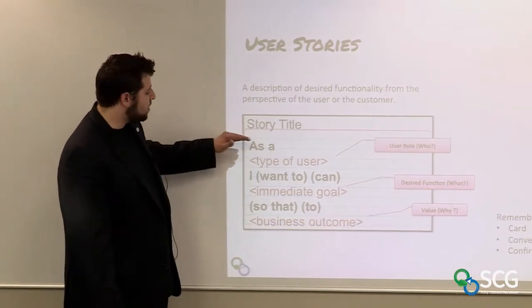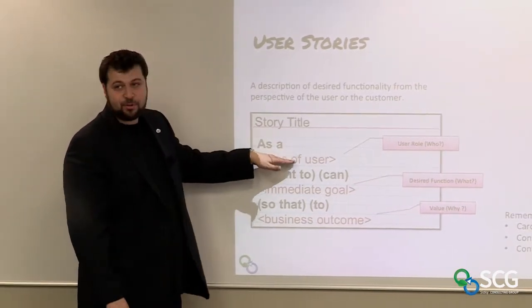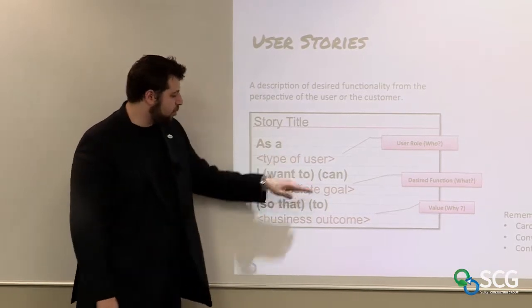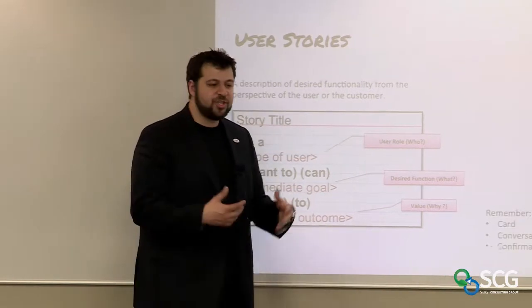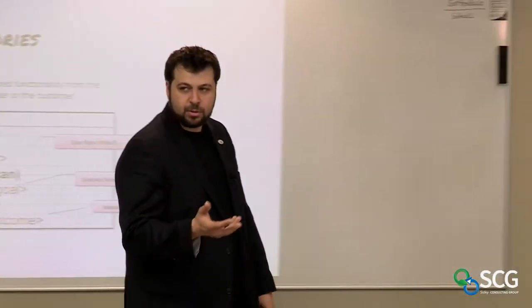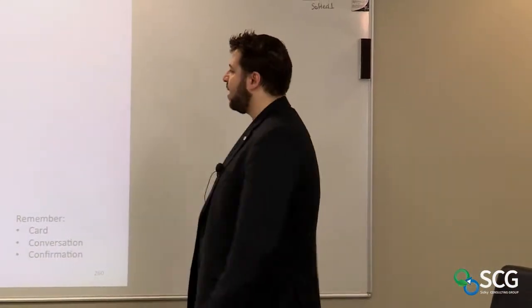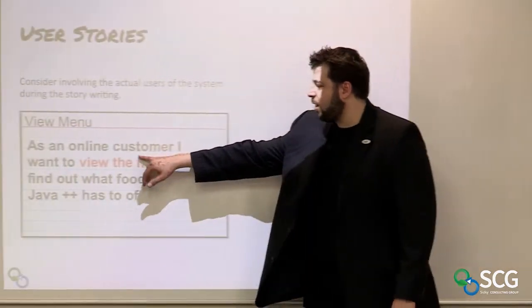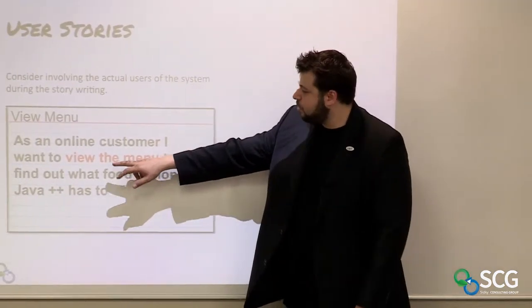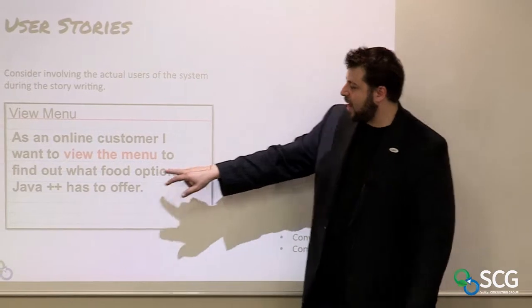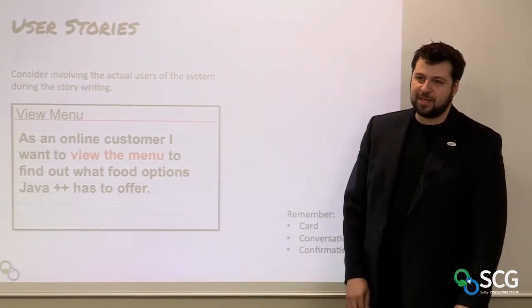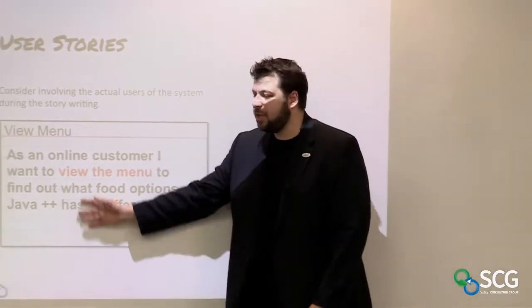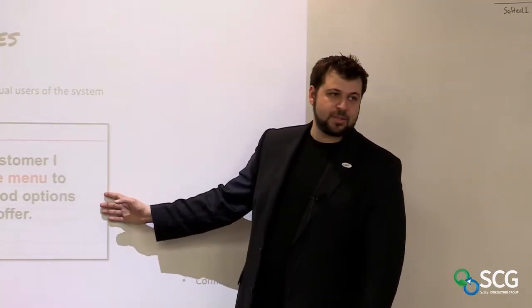It says, as a type of user, I want to, or I can do something, so that I achieve a certain business value. As an example, as an online customer, I want to view the menu so that I can find out what food options Java++ has to offer. That would be a complete user story. Does that make sense?